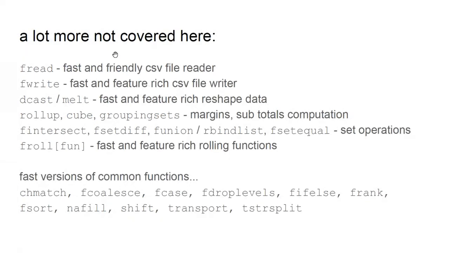And there is a lot more that was not covered in these slides, especially the functions for reading and writing. These are very fast, and many other libraries, not only in R but in general, are competing and struggling to catch up with their speed. Both use multiple threads and have a lot of features.